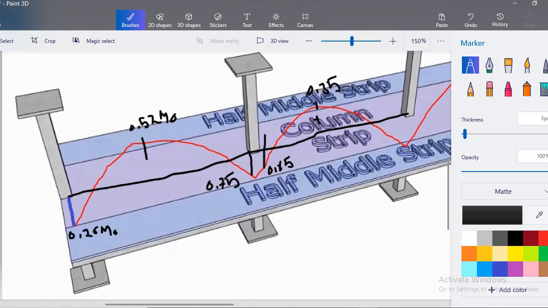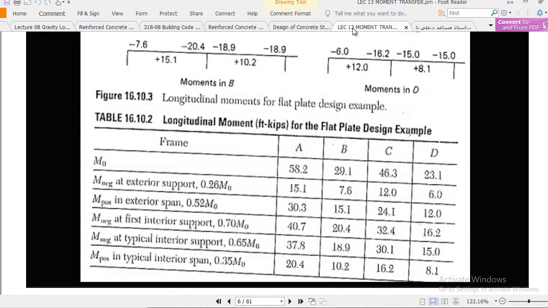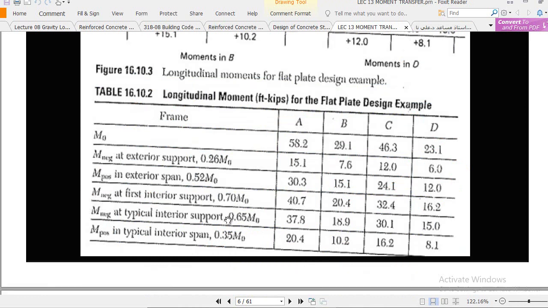These are the coefficients and I thoroughly explained them in those videos, so go to those lectures and watch them. Sorry, what I wrote down is 0.75, but this is 0.70. Now for all the coefficients, you just multiply 0.26 with this 58 and you get this value. Similarly this one with this, you get this one, and similarly you multiply these coefficients with these moments, and you get these moments.